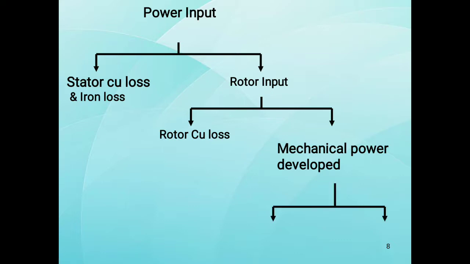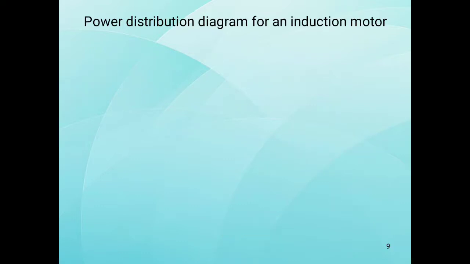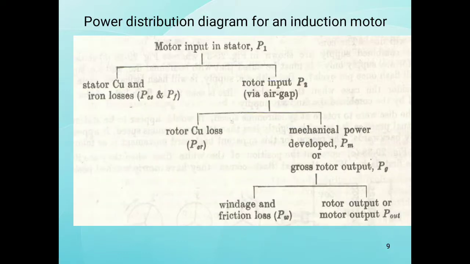The mechanical power developed goes two ways: friction and windage losses, and the output. Here the losses are stator copper losses and iron losses, rotor copper losses, and mechanical power losses, which are friction and windage losses. So the power distribution diagram is shown in the figure.